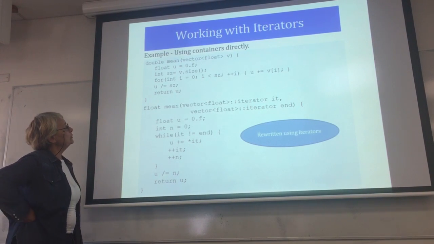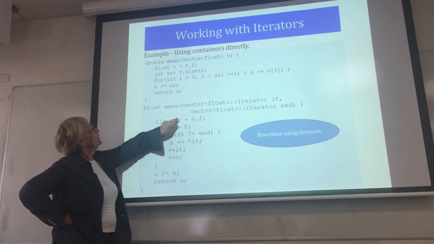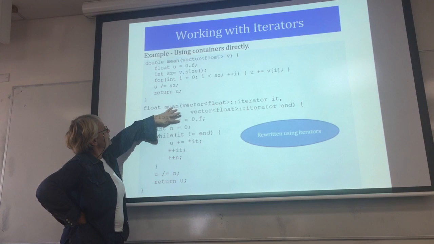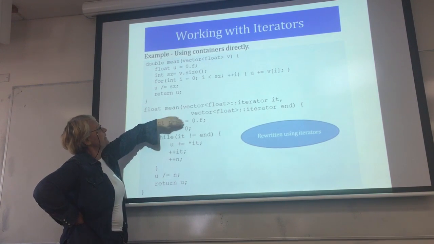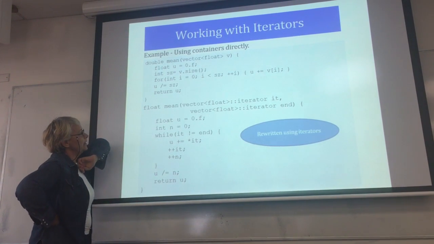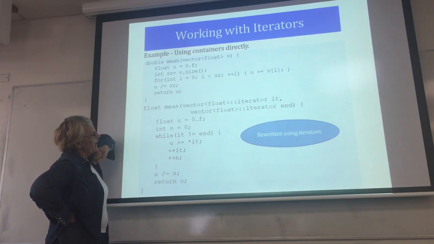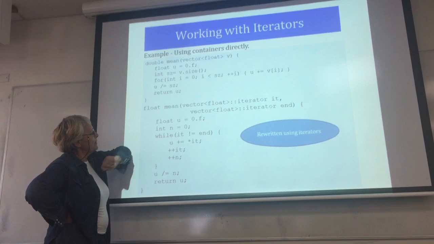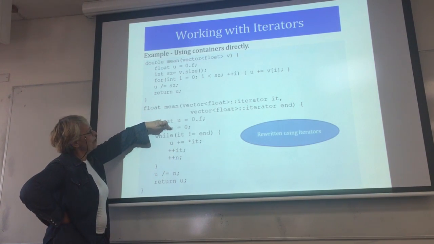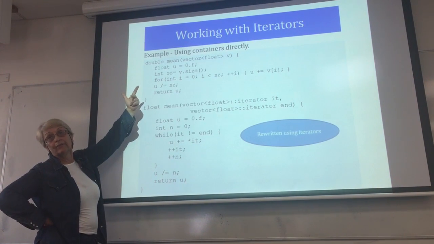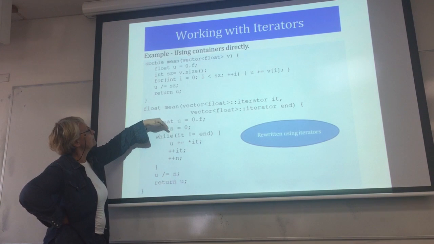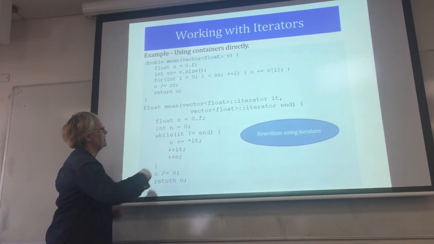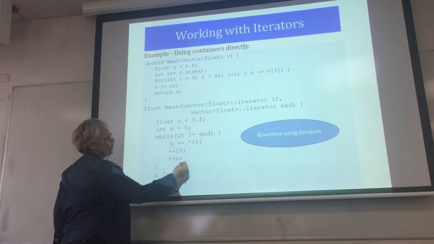And you should note that it's quite repetitive in some sense. The sum of elements in the container is u, and we initialize it to 0, and then we keep track of how many elements we have read with n, initialize to 0, and then we enter the while loop.